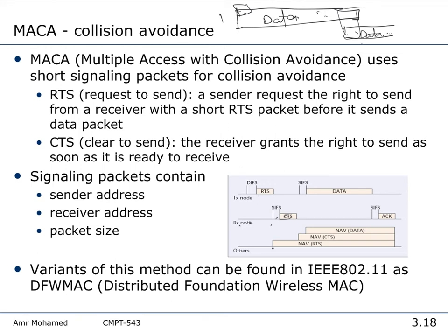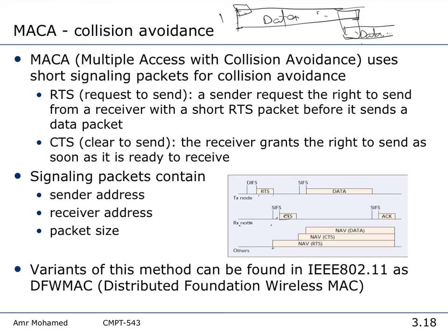Because this is our only way of figuring out whether there was a collision or any transmission error, because remember, we cannot detect the collision. With all these precautions, we did not eliminate it, and we know that.